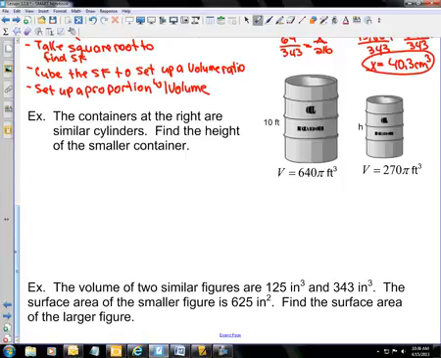Probably the first thing that I would do is take my height, which is like my scale factor, and I would cube it. I'm going to do a ratio of the height, and I'm going to do 10 cubed is 2h cubed. So I'm going to cube my height ratio.